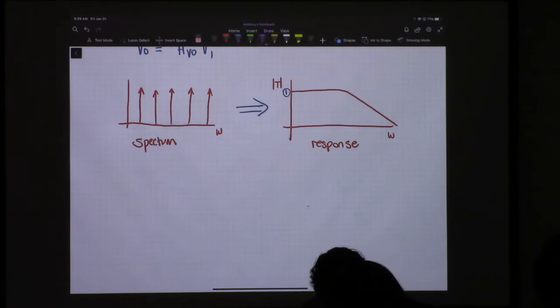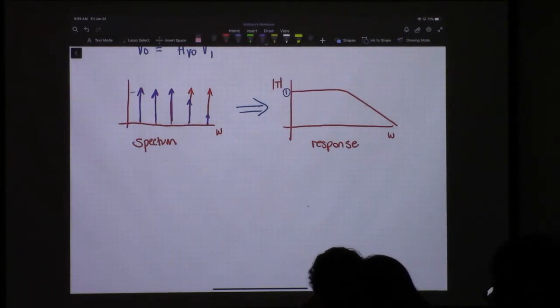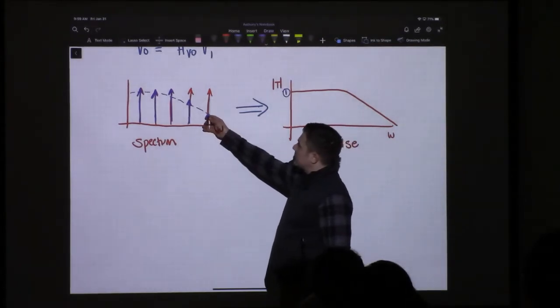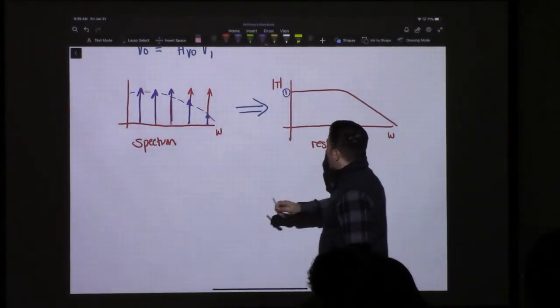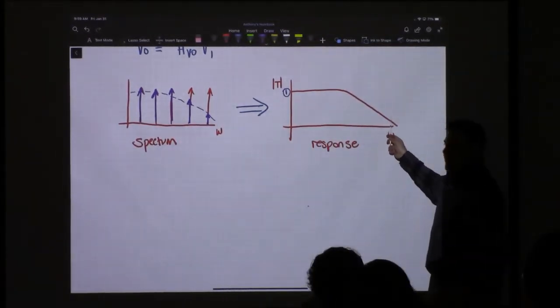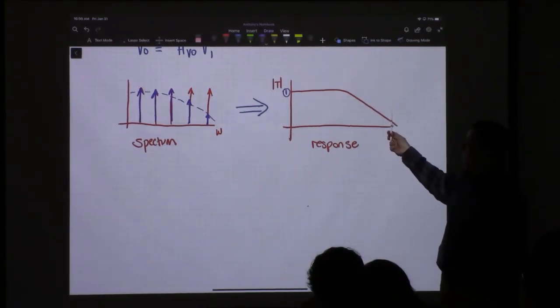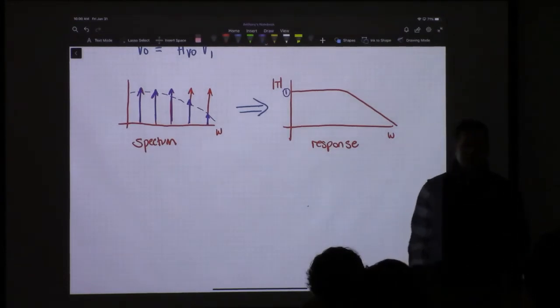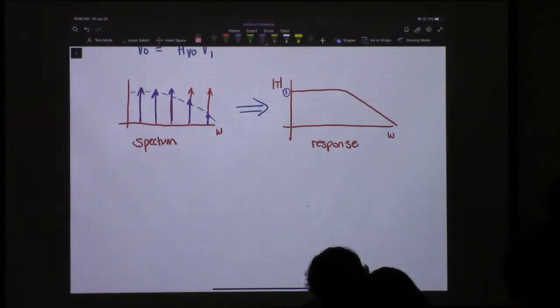What you'll end up with is, it will take the spectrum and change its shape, right? Because this harmonic over here will be multiplied by a value that's much less than 1, bringing its height down. Same thing here, and then it returns to the normal height.